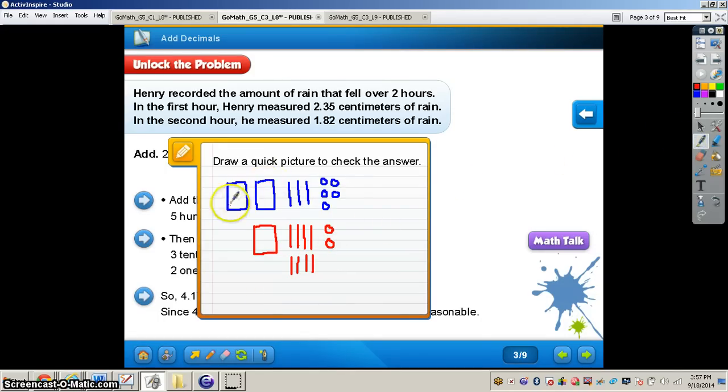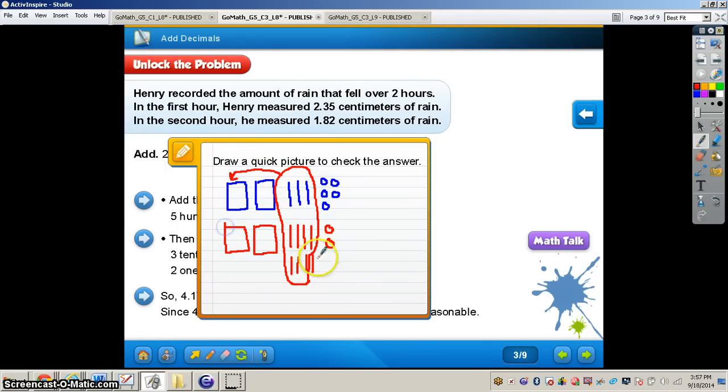Okay, then from here we would add these together. Okay, you can see there are a total of 1, 2, 3, 4, 5, 1, 2, 3, 4, 5, 6, 7 total hundredths. Okay, so 1, 2, 3, 4, 5, 6, 7, 8, 9, 10. So now you can see that 10 of these are actually going to be taken over and made into a 1.